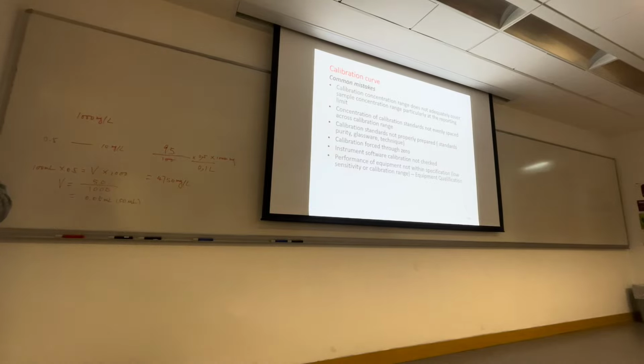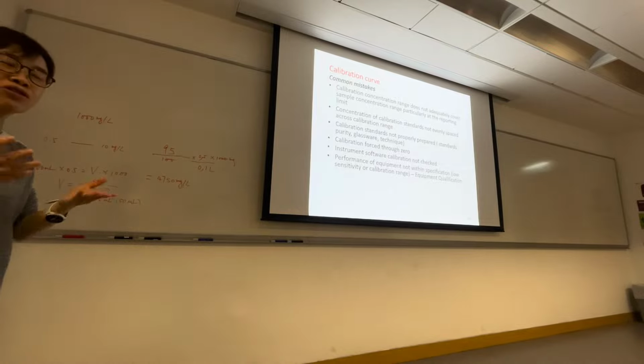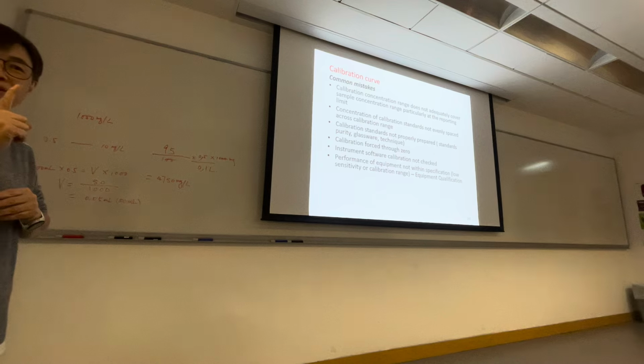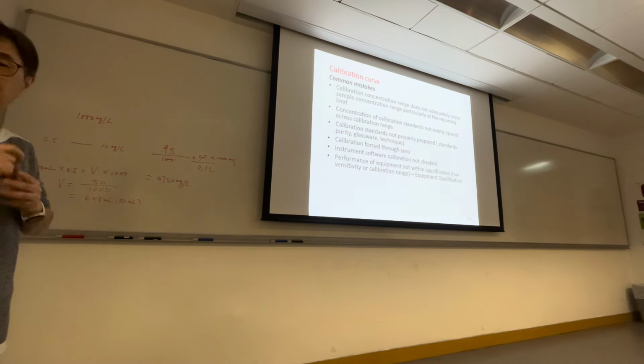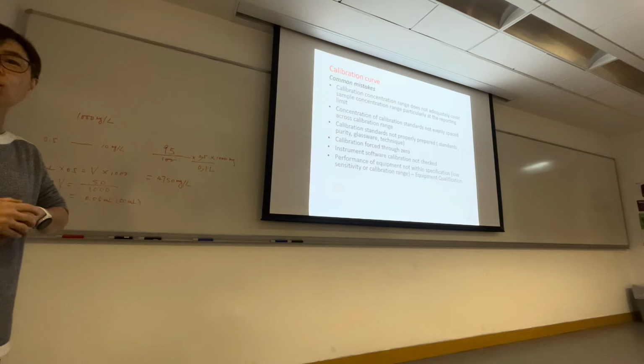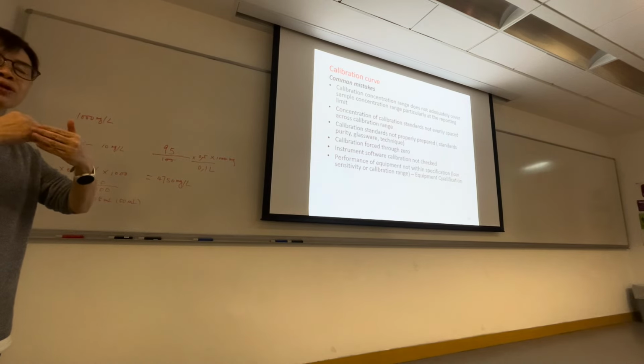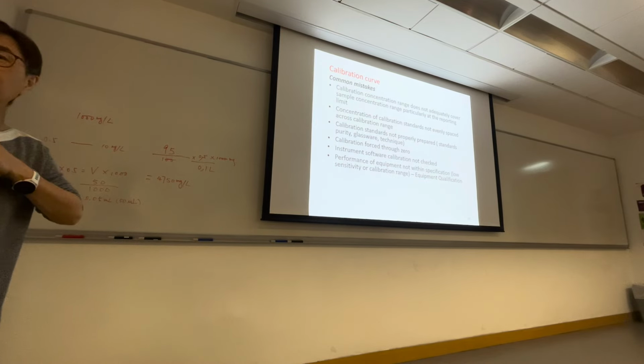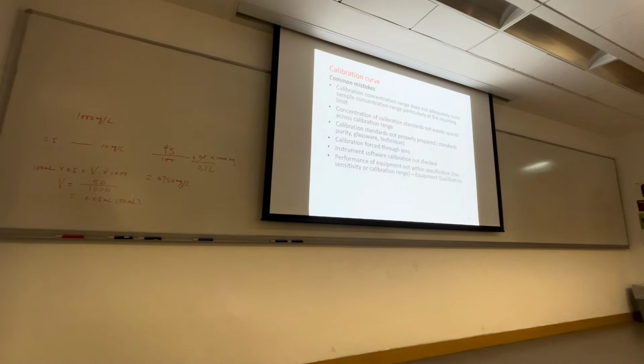We say that. And calibration forced through 0. Normally, when we plot a calibration curve, we have the 0 point. We count the 0 as the 0. But there will be an intercept, because for your calibration blank, you still have some contribution to the signal, whether this is electronic noise or impurity in your calibration blank.